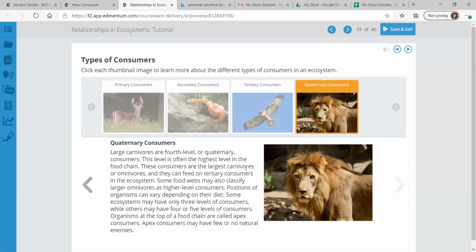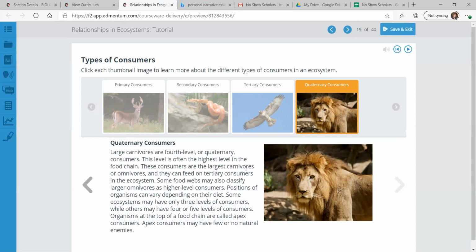Quaternary consumers are large carnivores in this fourth level. And this level is often the highest level in the food chain. These consumers are the largest carnivores or omnivores, and they can feed on tertiary consumers, secondary, or primary.